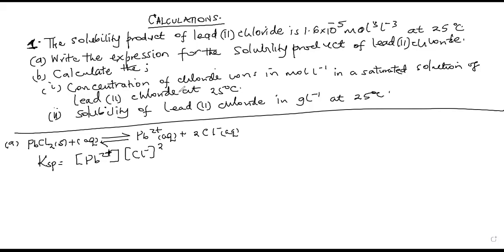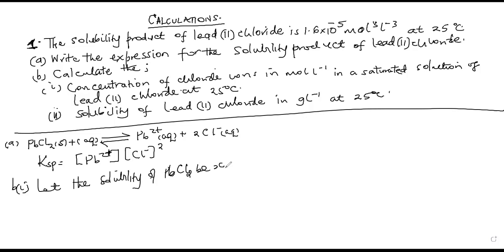Now, the fact that they need the concentration of the chloride ions, I'm going to use a general introduction and say let the solubility, because in Roman 2 they need the solubility, of lead 2 chloride, of course in water, be x.